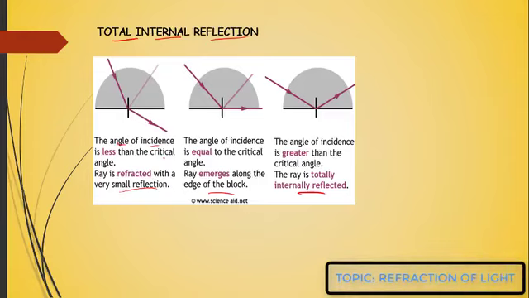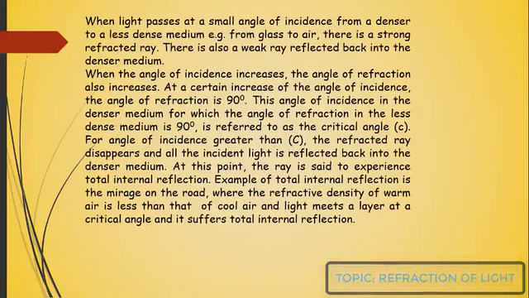The ray is refracted with a very small reflection. For the second one, the angle of incidence is equal to the critical angle and the ray emerges along the edge of the block. For the third one, the angle of incidence is greater than the critical angle and the ray is totally internally reflected.